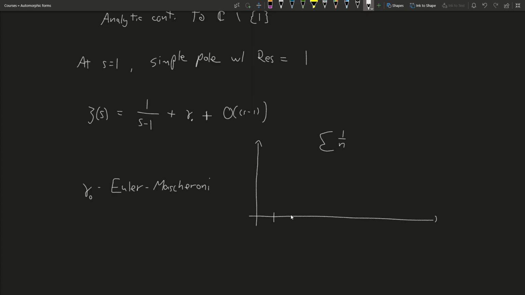So if we have 1, 2, 3, 4, 5, and then we look at 1 over n, maybe we'll have 1, 1/2, 1/3, 1/4, etc.